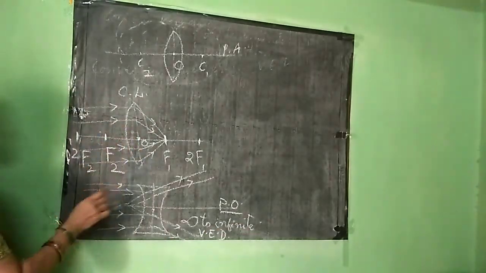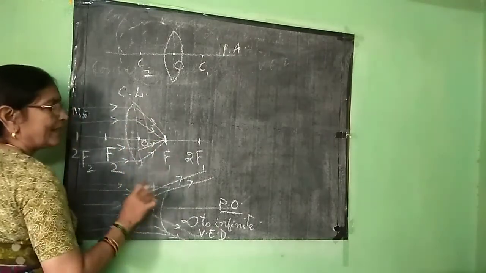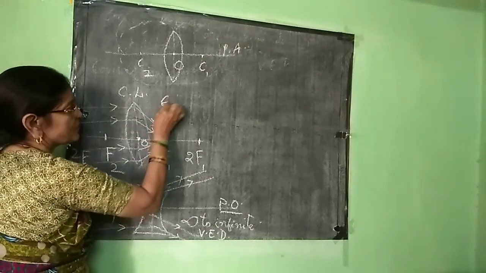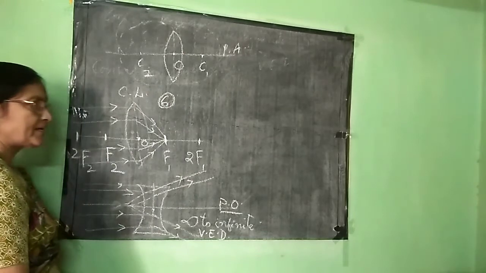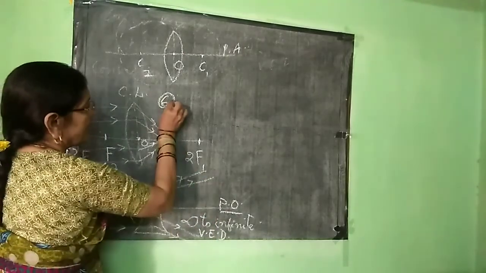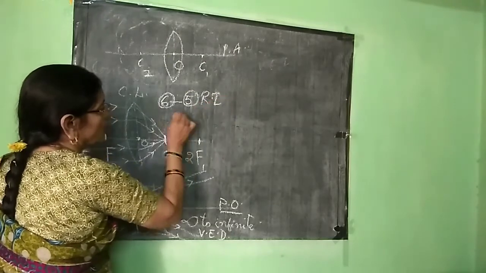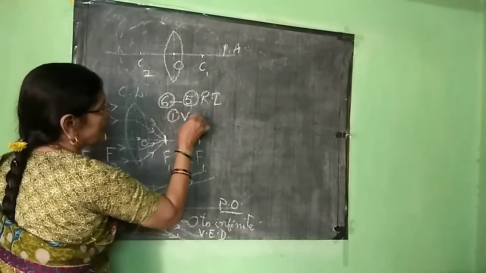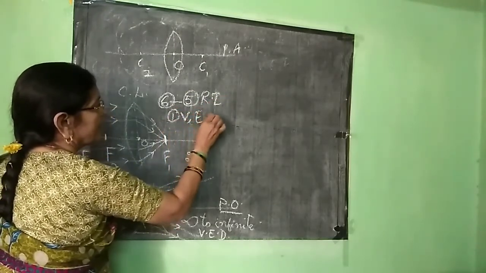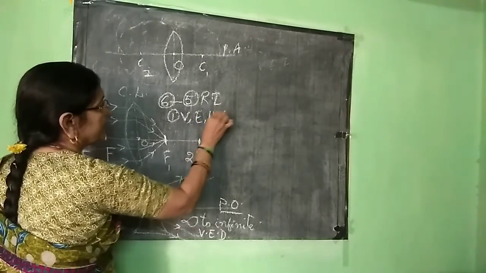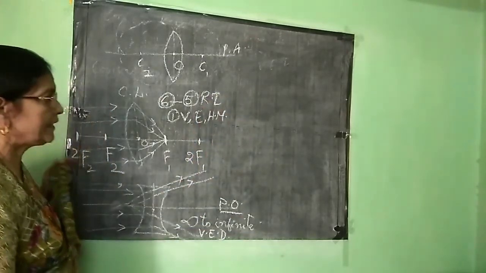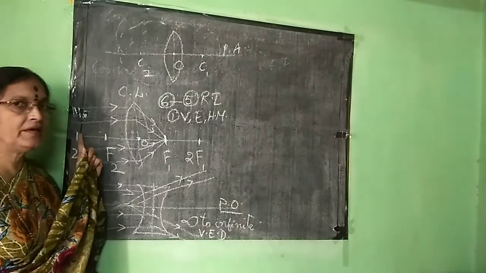Whereas in case of this convex lens, 6 types of images will be formed for the object at different positions. In that 5 are real, inverted, 1 is virtual, erect and highly magnified. Highly magnified image will be formed.